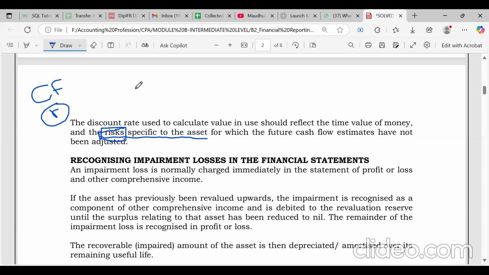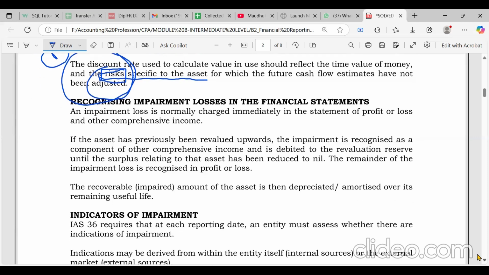Do you remember when I was telling you about the exchange of assets? I told you to use the RAT: risk, amount and time. The amount is the cash flow, the time is the discount rate. Do you see this risk? You can also see it here under discount rate. You can see how things are connected. Okay, so let's just go on.